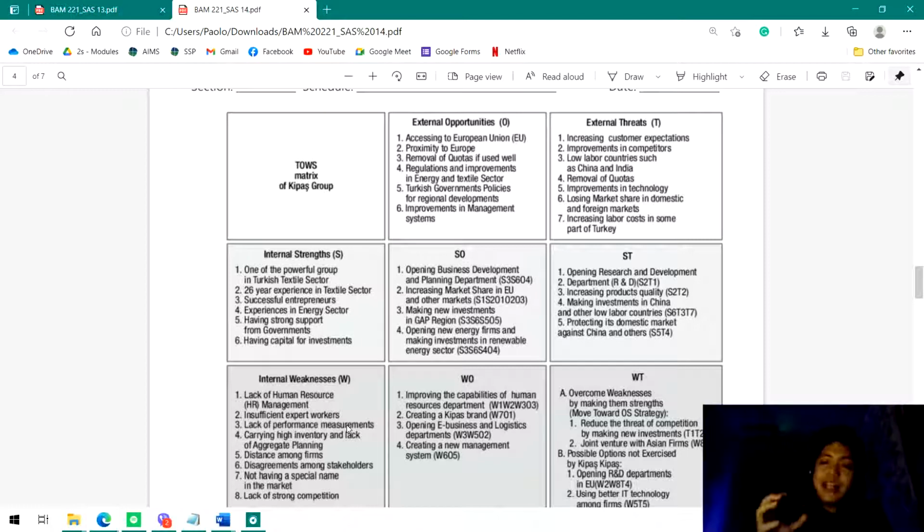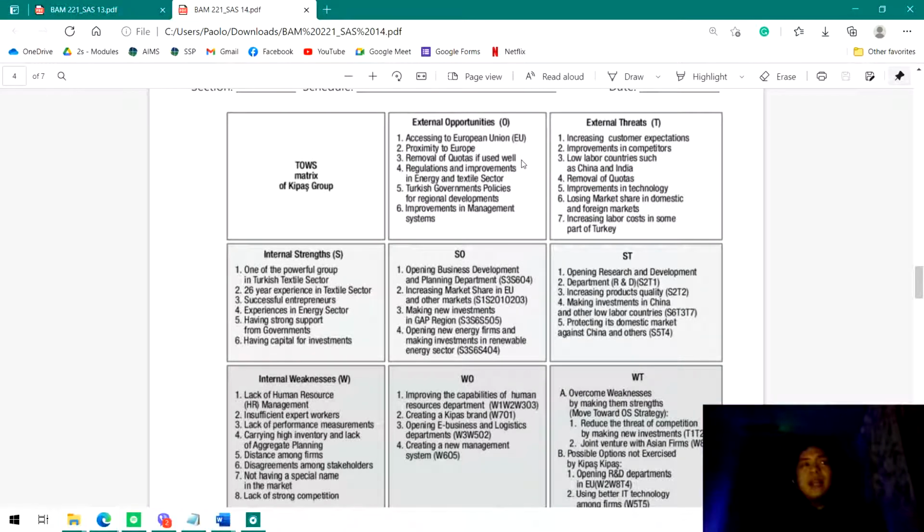Now, paano natin ngayon i-minimize ito in order for us to take advantage of an opportunity? Ang opportunity na nakita natin dito na pwede natin i-take advantage by minimizing these three weaknesses is opportunity number 3, which is the removal of quotas if used well.